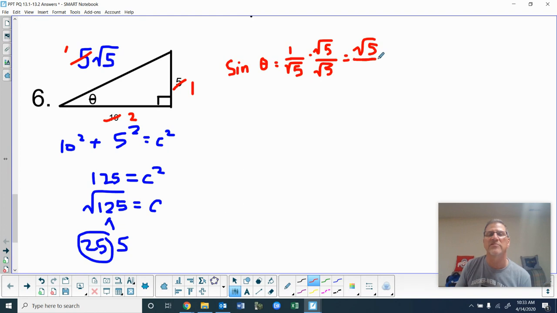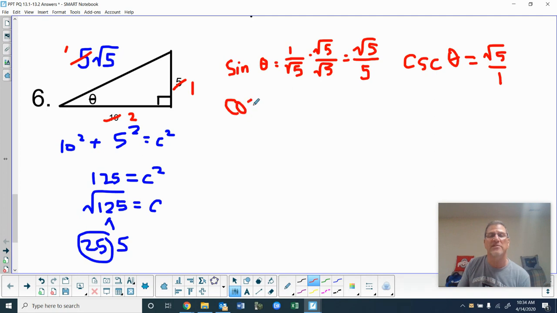And the square root of 5 times the square root of 5 is just 5. That's what it should be. And then again, I like to do the reciprocals right away. So cosecant. Again, don't forget this part. Just flip the original. So radical 5 over 1 would be just radical 5 if you want.